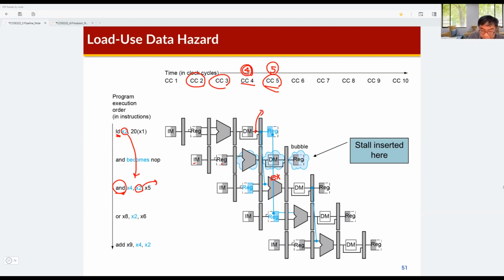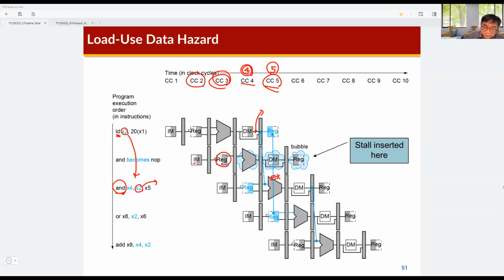The add instruction is decoded at clock cycle number 3, but it cannot perform the EX step at clock cycle number 4 because the data is not generated yet.